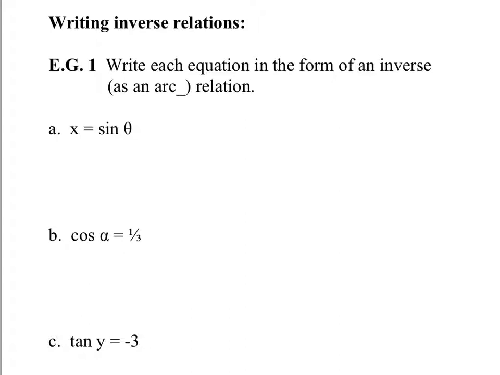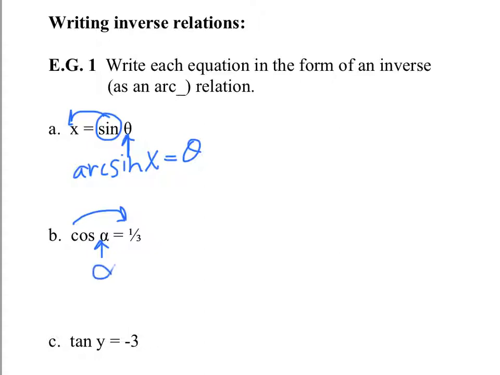Here are a few more examples of the exercise of writing our inverse functions in arc form. In example A, x equals the sine of theta. If we're trying to isolate theta, we're moving the sine function to the other side. This is going to become arcsine of x equals theta. If we're isolating this angle here, alpha, we're moving the cosine to the other side.